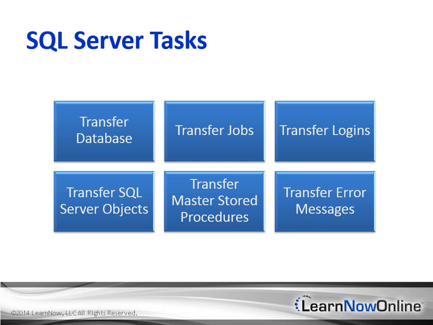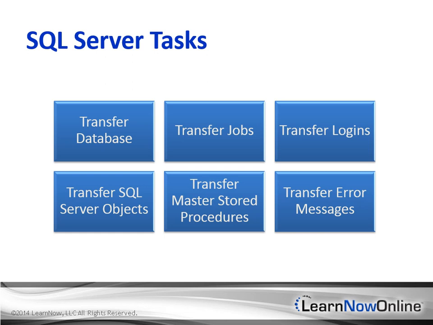Now let's go back to the Transfer SQL Server Objects task. As you can tell from all of the other tasks, they're fairly specific. They transfer a particular kind of object. But the Transfer SQL Server Objects task executes T-SQL statements that are more granular in operation than the other transfer tasks for specific kinds of objects.